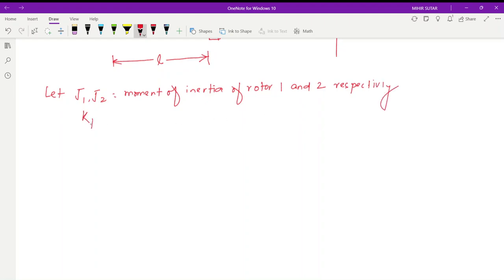Kt is the torsional stiffness of the shaft.